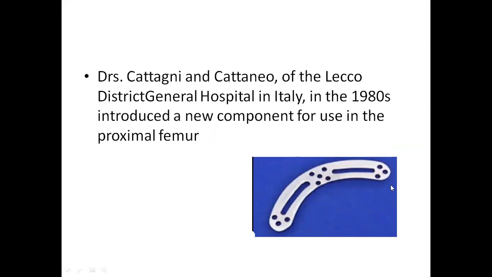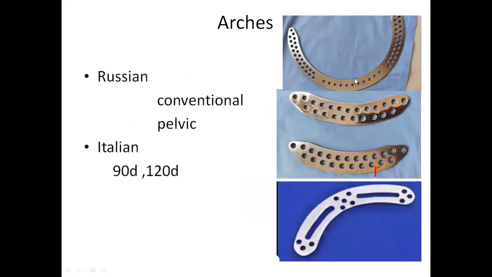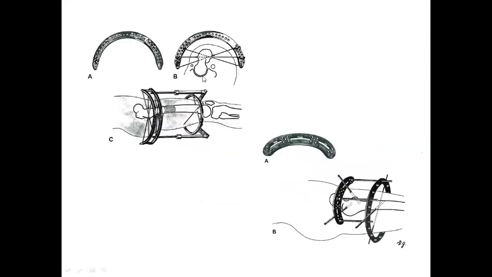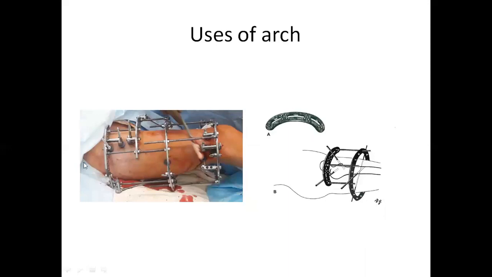It is popularized by Catagni. Now it is an integral part of the Elizarov ring since 1980. Usually it is used with the Schanz screws. So the original Russian arc is usually used with the wires in the proximal femur, and the Italian arc is usually used with the Schanz screws.